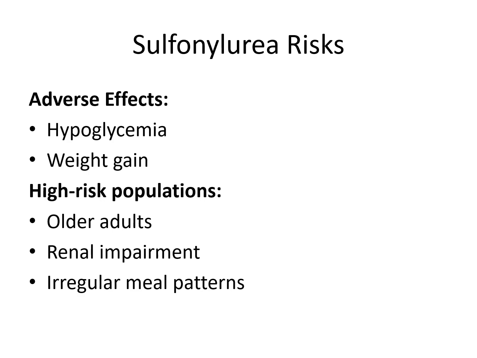Certain populations are going to be particularly at risk. Our older adults, of course, are more vulnerable because they have reduced renal clearance. They may have irregular eating patterns, and they may not recognize the early hypoglycemic symptoms. Patients with renal impairment, particularly with glyburide, have active metabolites that may accumulate.